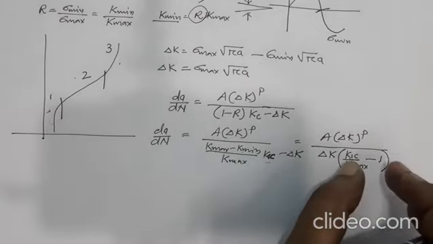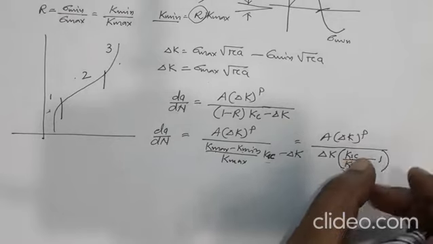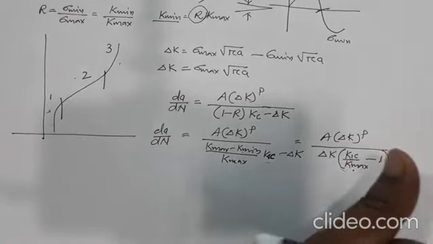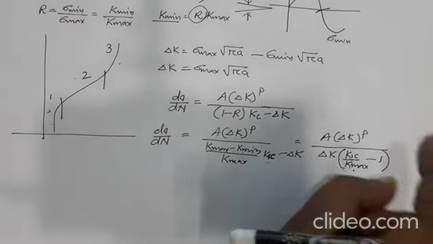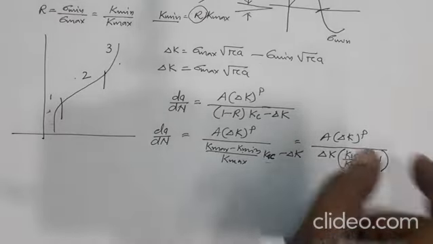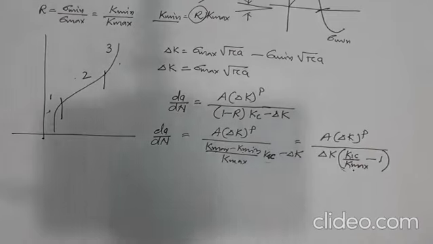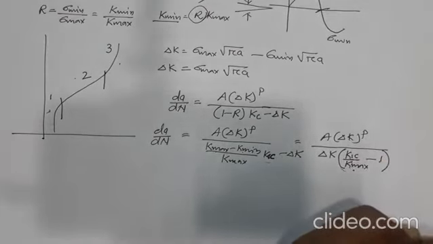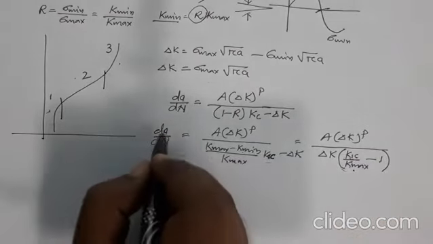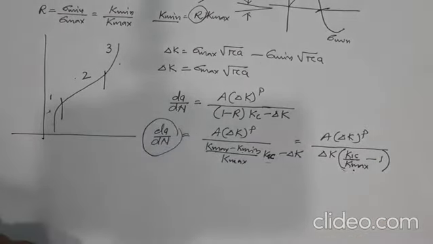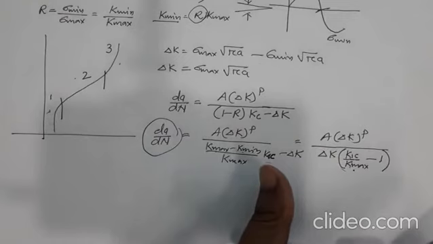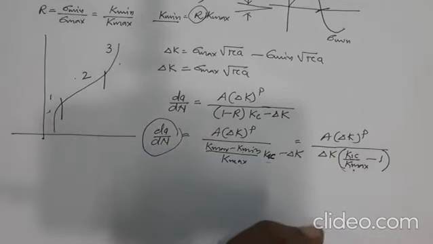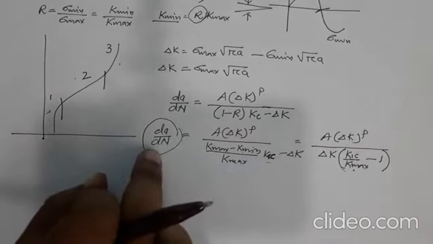So that numerator K1C minus K max will tell you how far away you are from the fracture toughness of the material. Fracture toughness is the K1C in monotonic loading, right. So how far away you are from that value describes the effect on the crack growth rate, right. So if you are further apart, then the crack growth rate should decrease, and if you are very close to K1C, then this should increase.